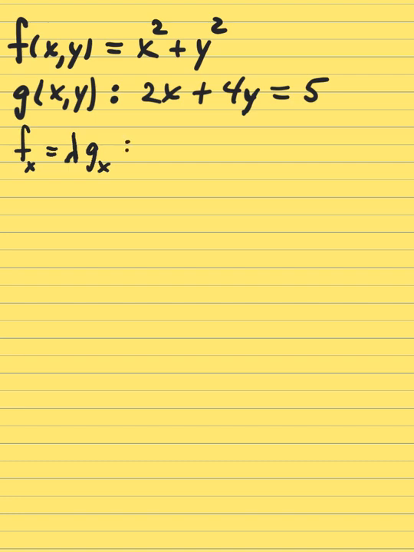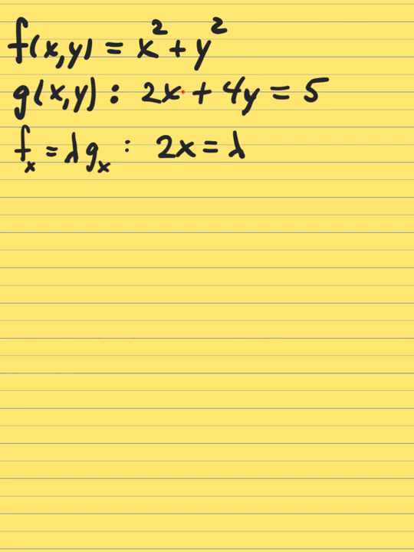Okay, so function f, if we take the derivative of it with respect to x, we're going to get 2x plus 0, because the y squared doesn't have an x. That gives us 2x equals lambda times the derivative of the constraint with respect to x.